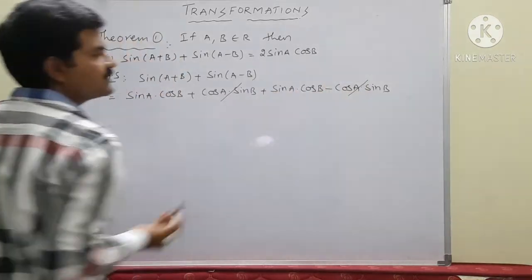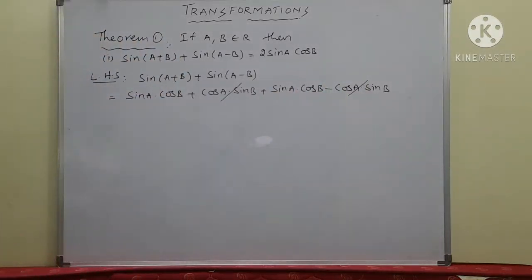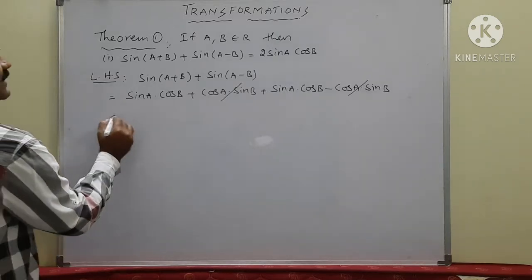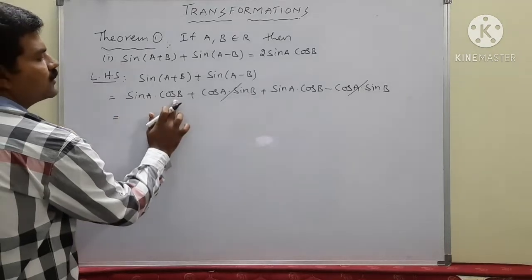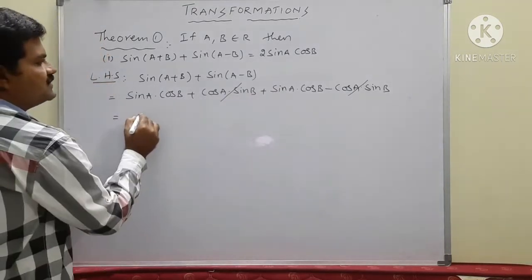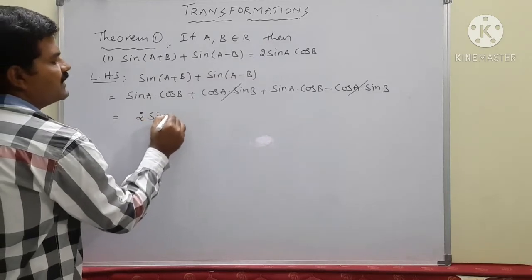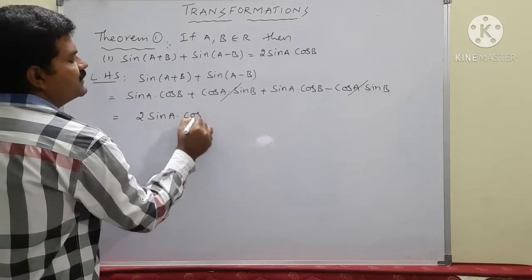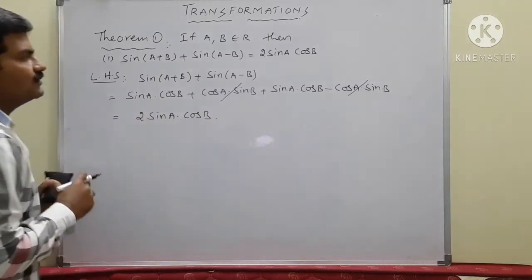So here positive cos a sin b and minus cos a sin b get cancelled. Now sin a into cos b plus sin a into cos b. Both are positive, no? And moreover like terms, hence 2 sin a into cos b.